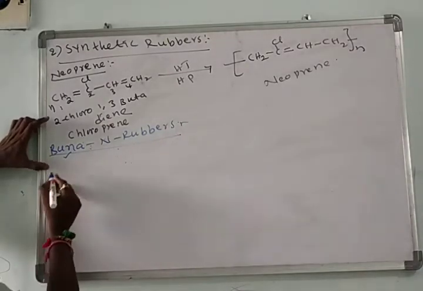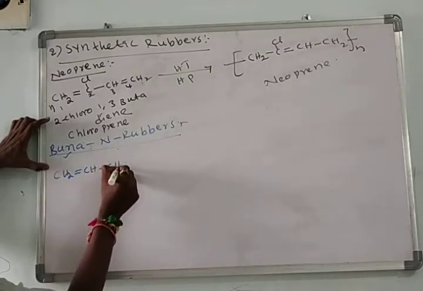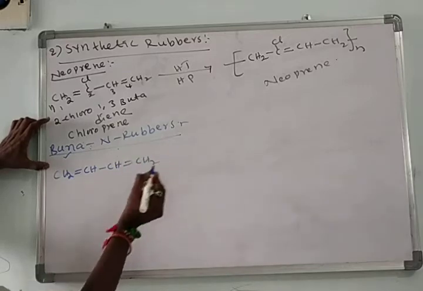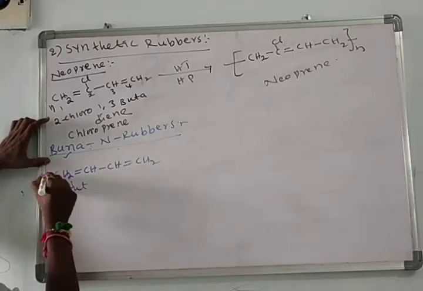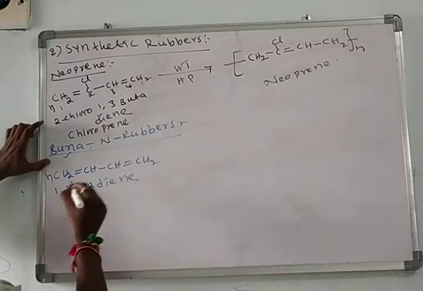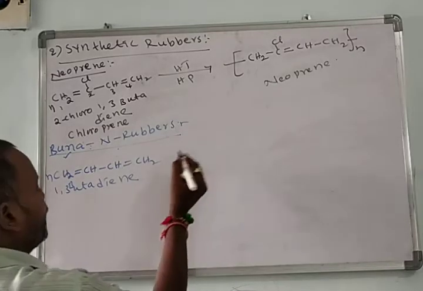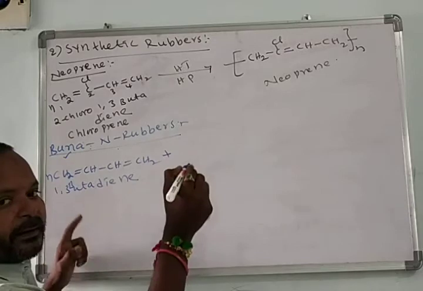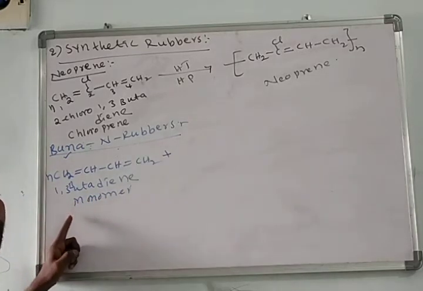Here I am taking 1,3-butadiene, CH double bond CH2. Take a number of molecules of 1,3-butadiene. It is one monomer.